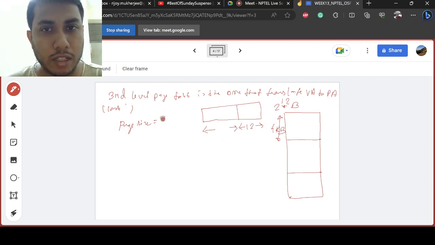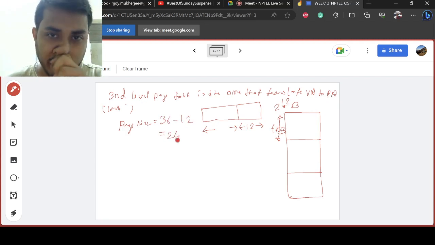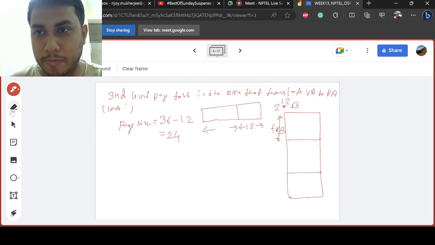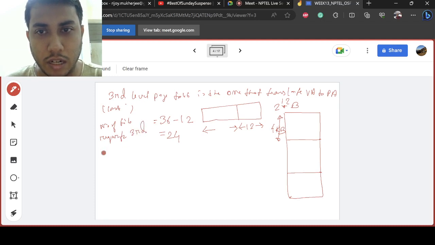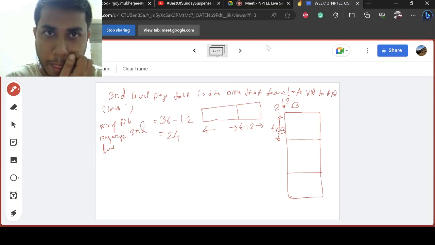So what it will be, 36 minus 12 is equal to 24. So 24 number of bits required for third level.